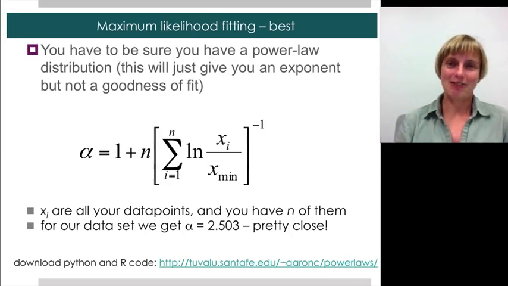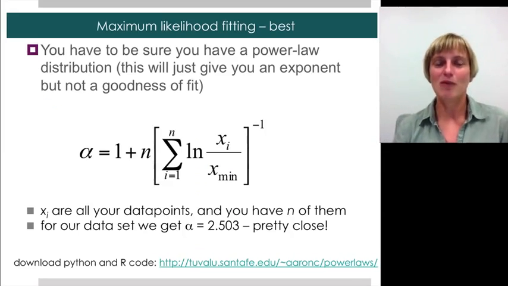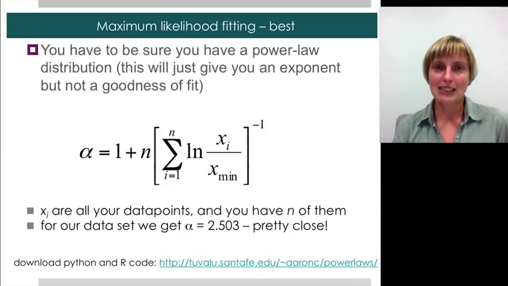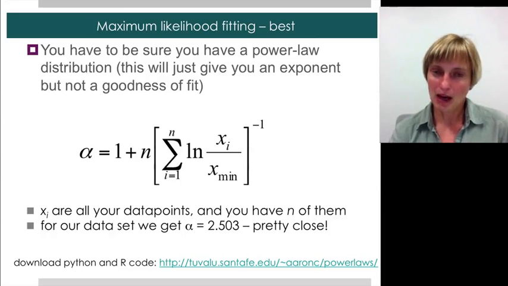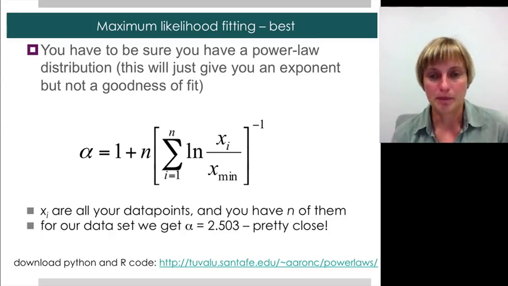There is the very, very best method, which is this max likelihood method that calculates using every one of your data points: what is the most likely distribution given the observations that you have? What exponent would it have that would have produced the data that you see?